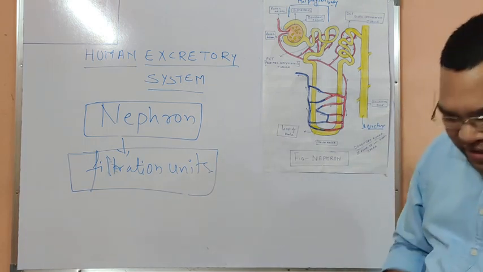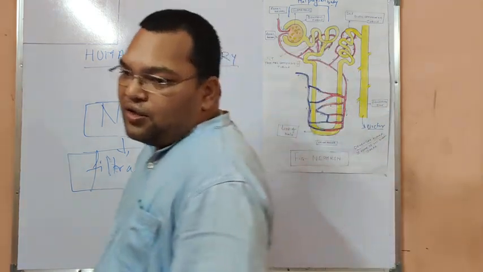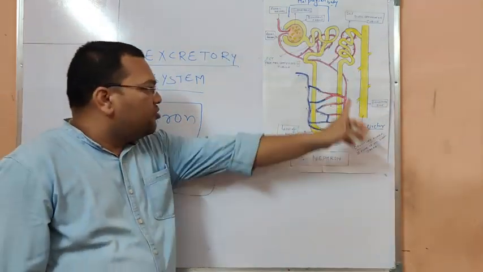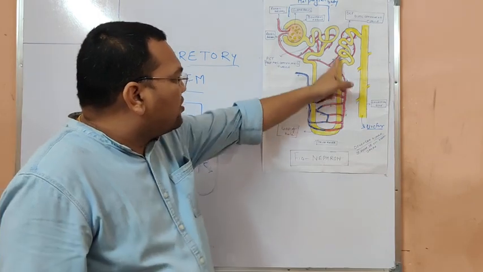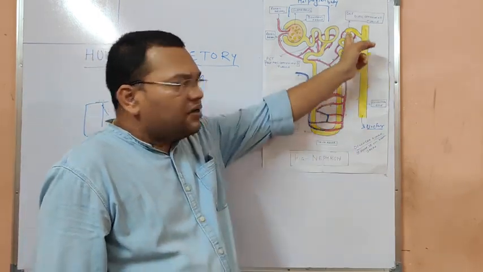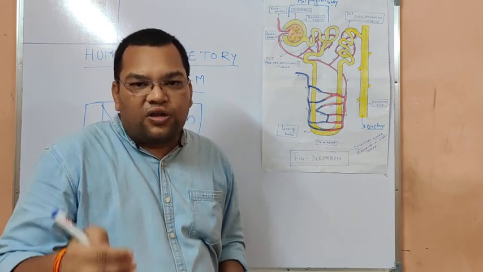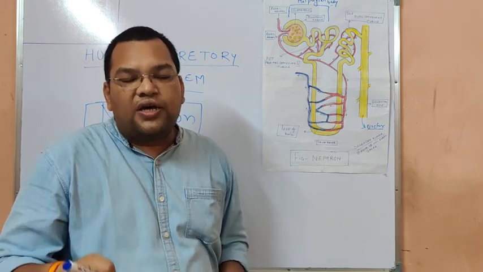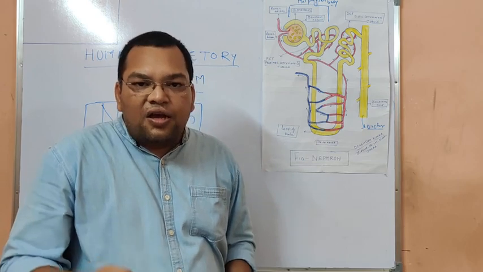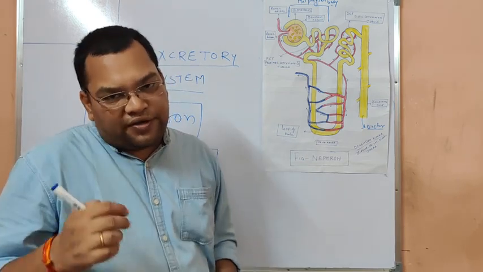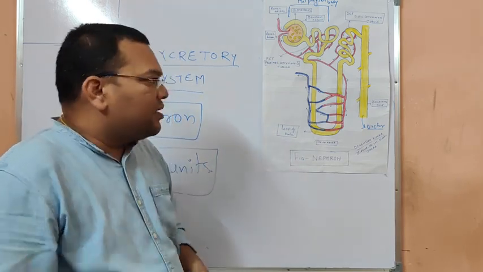Now the main important question: what is the role of this tubular region? I am telling you, the role of this tubular region is the reabsorption of water and some other important things which come in the filtrate. Again, I am repeating this.